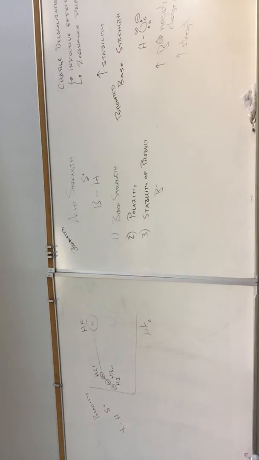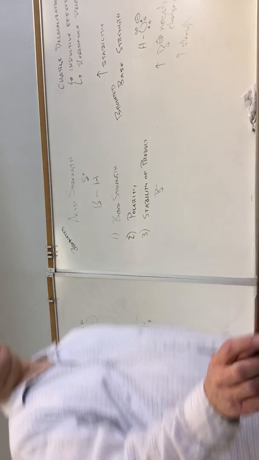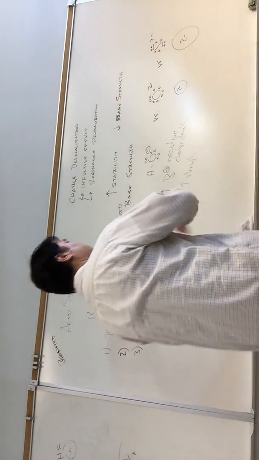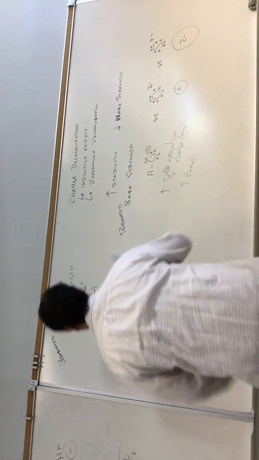Some things are a little tricky, like amide here. Amide's a strong base. But this is just coming up with generalizations. You don't have to look at these individually as far as the reactivity goes. And so just in general, this is what happens.